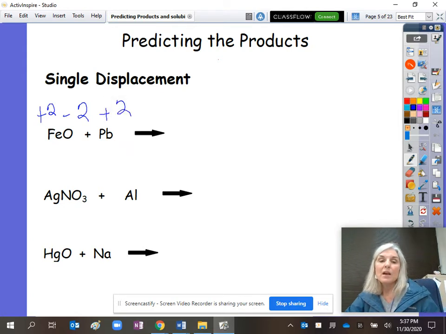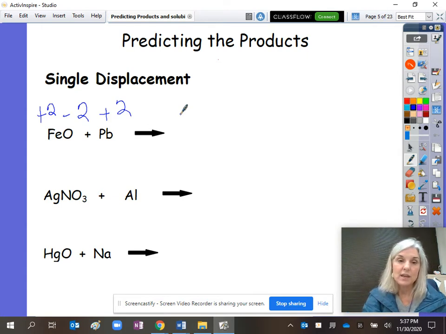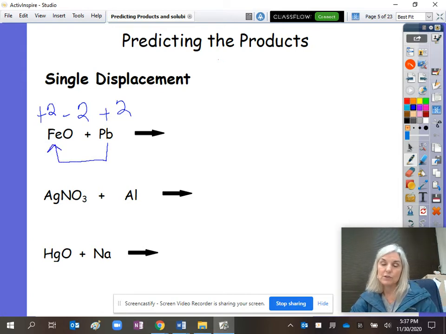All right. So now we're going to swap out our positives with our negatives. So you see Pb is +2 and Fe is +2. So those are the two that will swap.